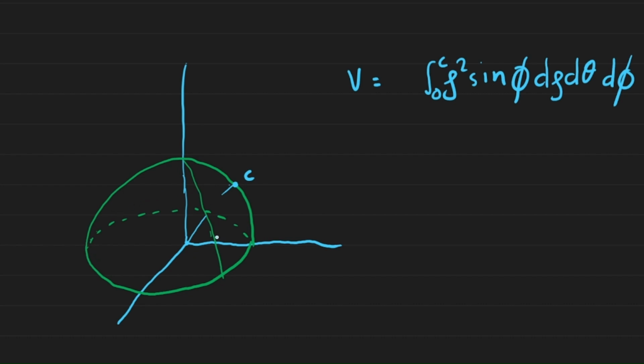So theta is actually going from 0 to 2 pi. And then lastly, we think of phi. Remember what phi is? It's actually the angle between the z-axis and the point. So you can see that phi is actually going from 0 to pi over 2.